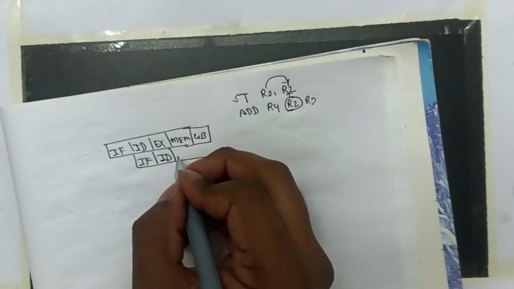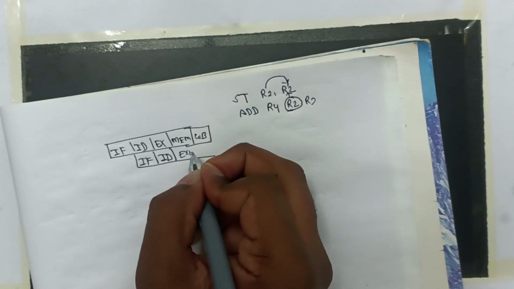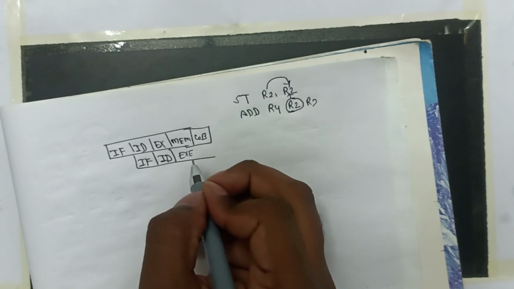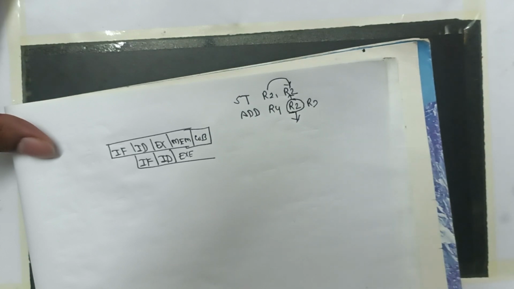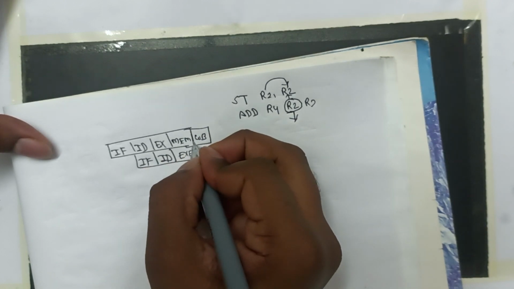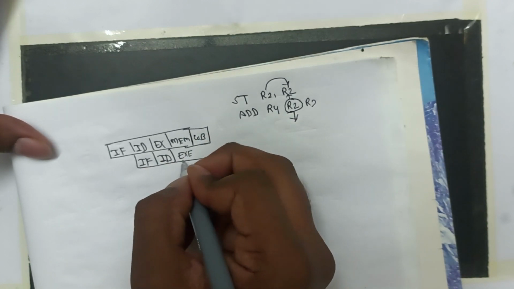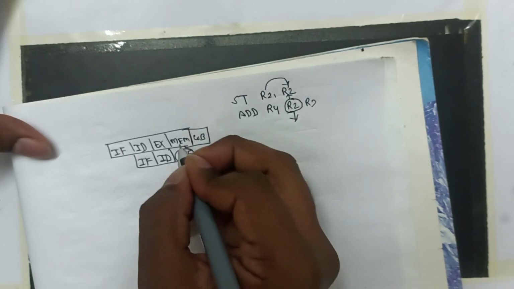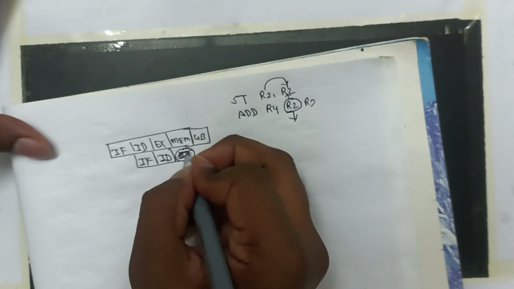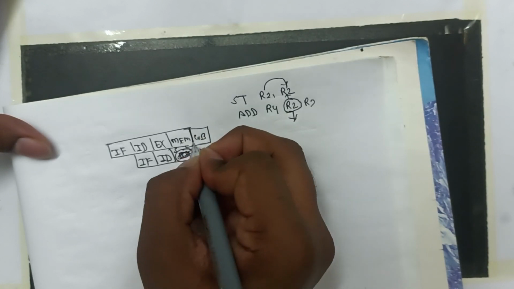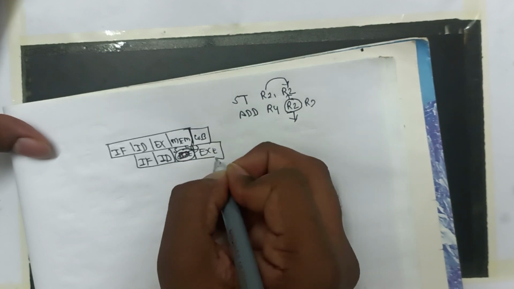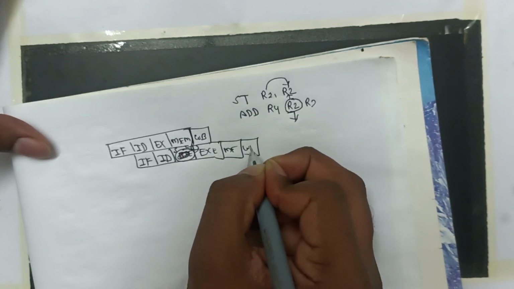Let's see, if I put execution here, it means R2 is not operated. I told you before execution we have to update the value, but I will get the operated value after MEM. If I do execution here, I will get the wrong value. So I put stalling here, and then execution here. It means I will get the operated value of R2 here, and then execution there, then MEM, then WB.